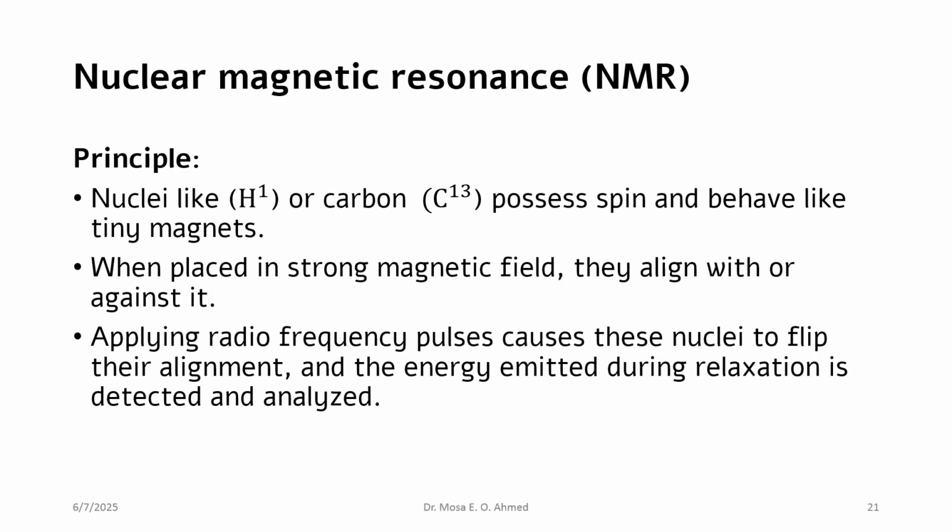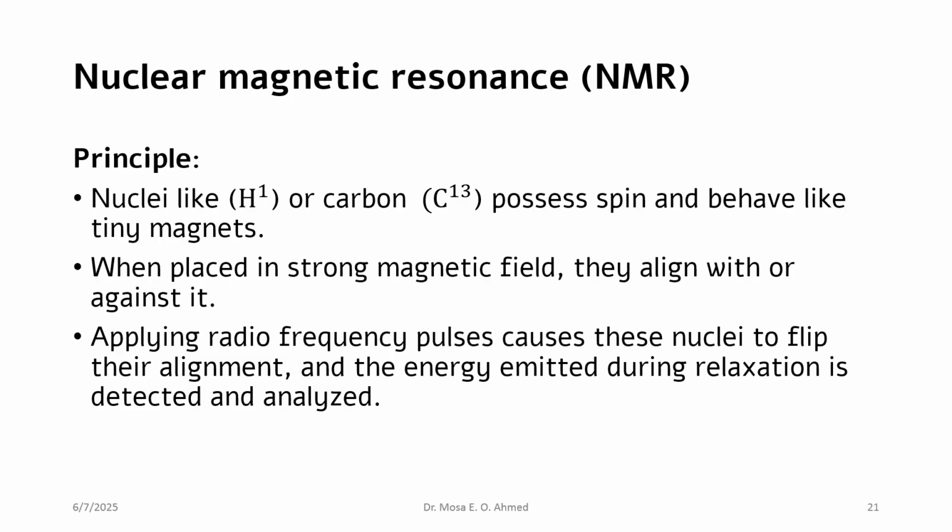The principle of NMR spectroscopy is based on the following facts. Firstly, the nuclei of hydrogen or carbon-13 atoms possess spin and behave like tiny magnets. When these small magnets are placed in a strong magnetic field, they align with or against the magnetic field based on the charge that they carry.